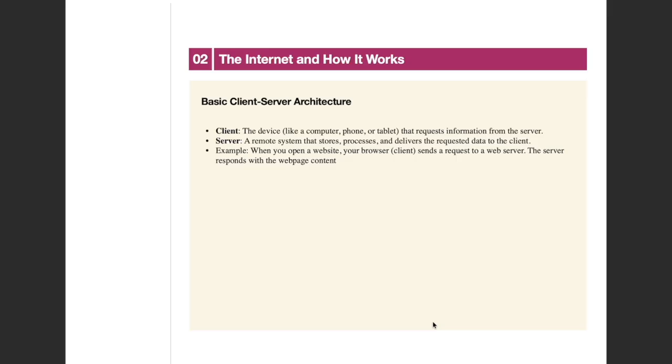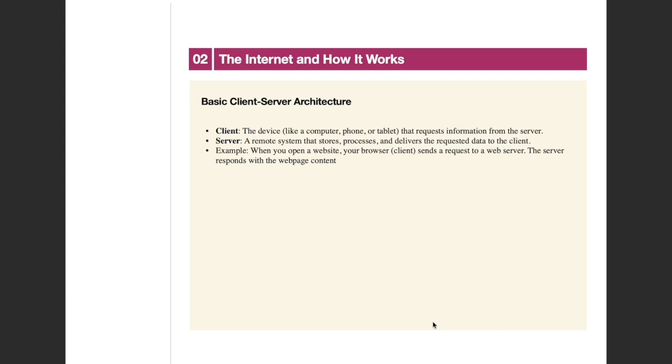The librarian goes into the stacks, finds it, and brings it to your desk. But here is the point. In web development, the librarian doesn't just give you a book, they give you a box of Lego bricks, HTML and CSS, and your browser has to build the castle itself.